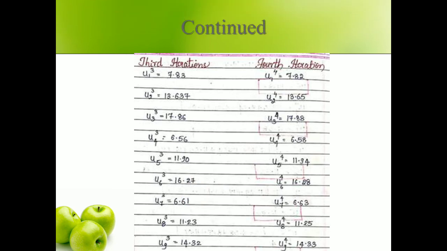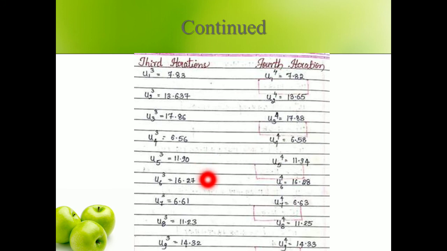Now to find the fourth iteration values, you will be using the third iteration values. So u1 is equal to 7.82, u2 is equal to 13.65, u3 is equal to 17.88, u4 is equal to 6.58, u5 is equal to 11.94, u6 is equal to 16.28, u7 is equal to 6.63, u8 is equal to 11.25, u9 is equal to 14.33.